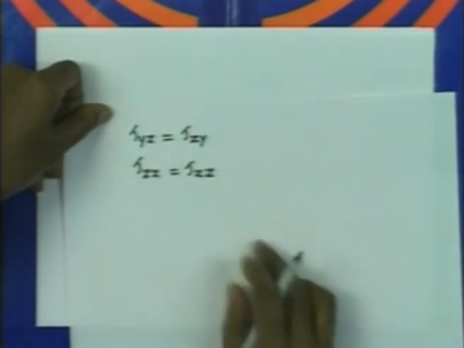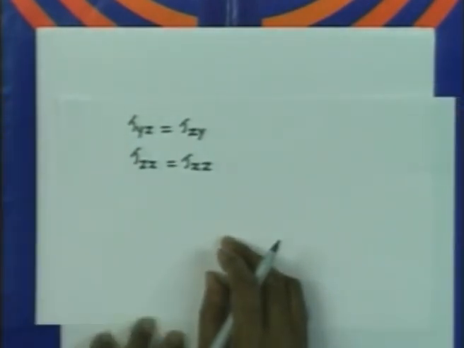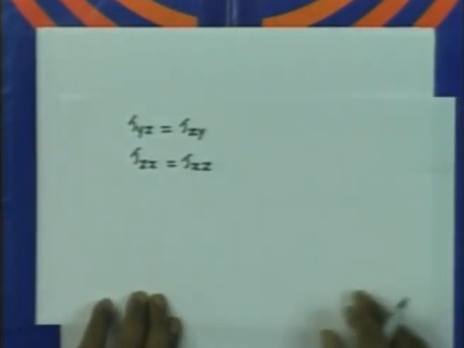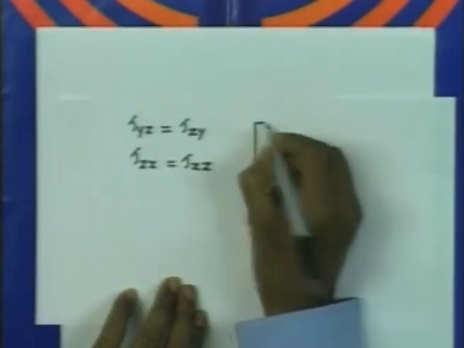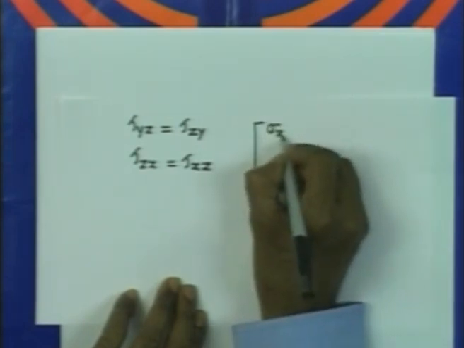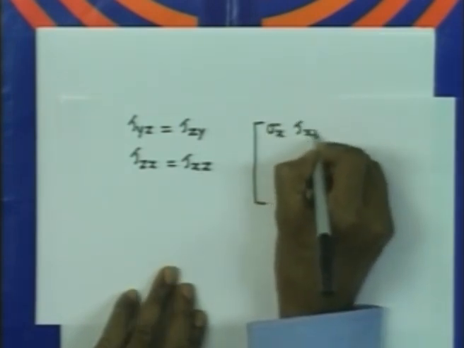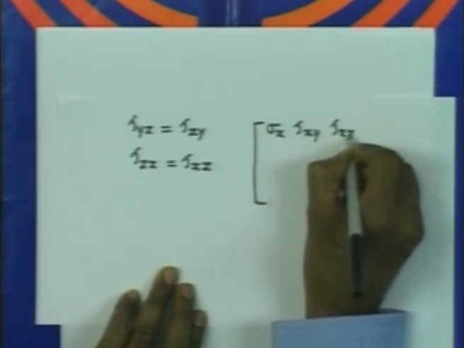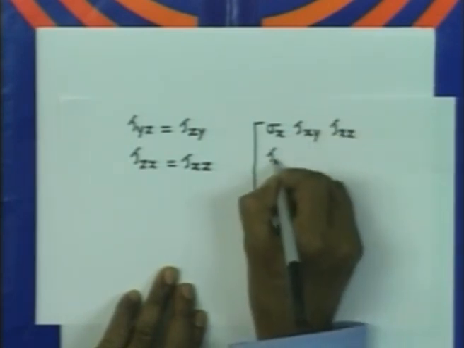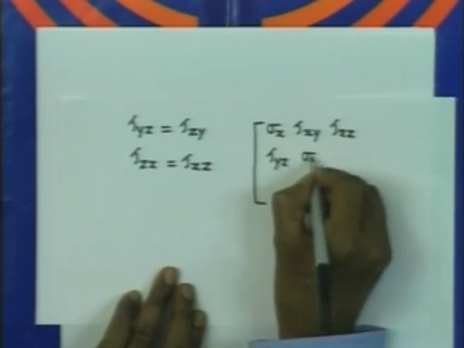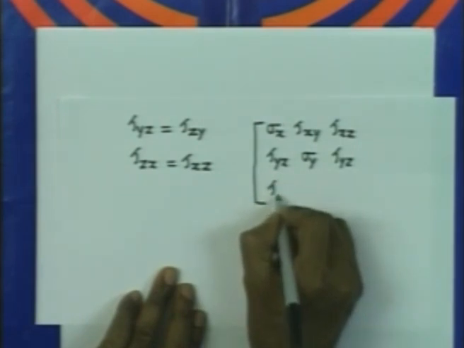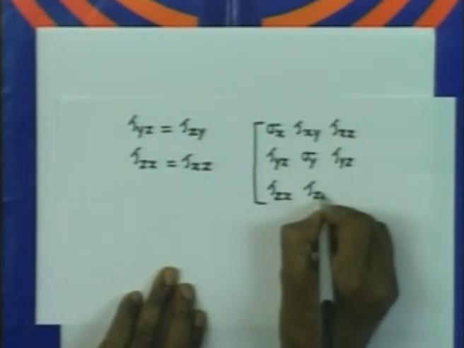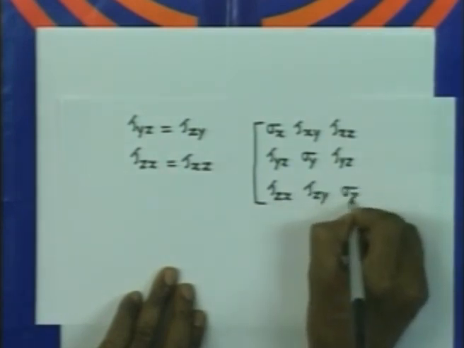So, these shear stresses are equal and hence I would like you to look at the 3D stress tensor once again. So, we have sigma x, tau xy, tau xz, tau yx, sigma y, tau yz, tau zx, tau zy and sigma z.